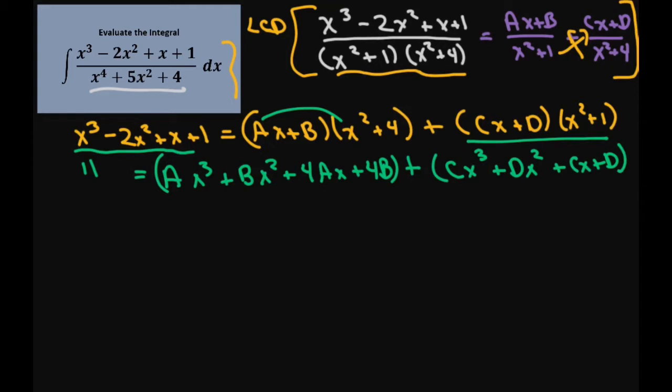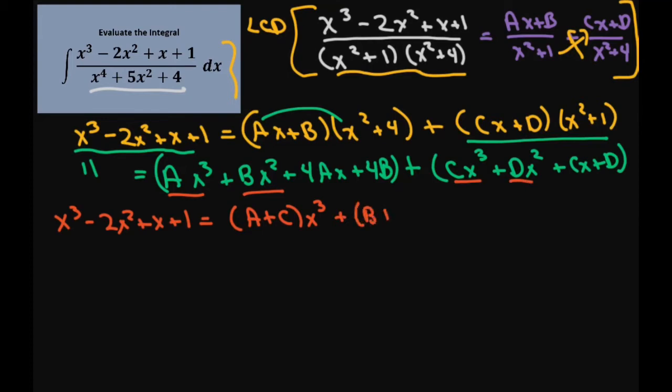All right, so what we have is x cubed minus 2x squared plus x plus 1 equals, now I'm going to group my terms together. So for x cubed, I'm going to get (a plus c) and put the x cubed outside. Then for these two, that's going to be plus (b plus d) times x squared.